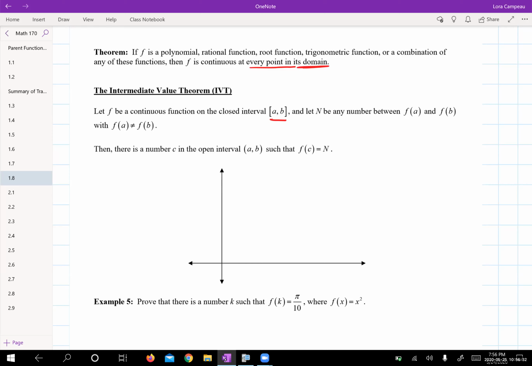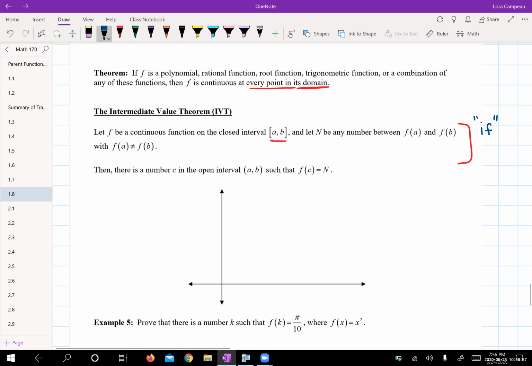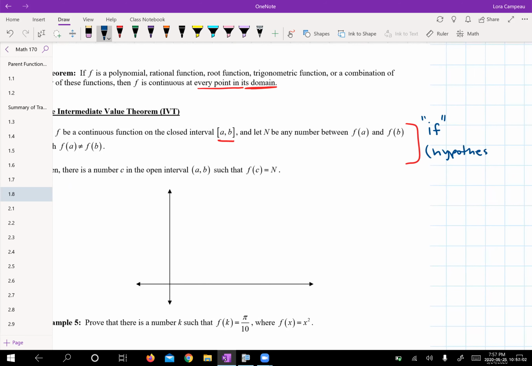So there's three components to this hypothesis. Remember, we talked about this with the delta epsilon definitions. When we look at the first part of a theorem, they're setting up the if part. As long as those criteria are true, we call it the hypothesis, or hypotheses if you want to be plural.